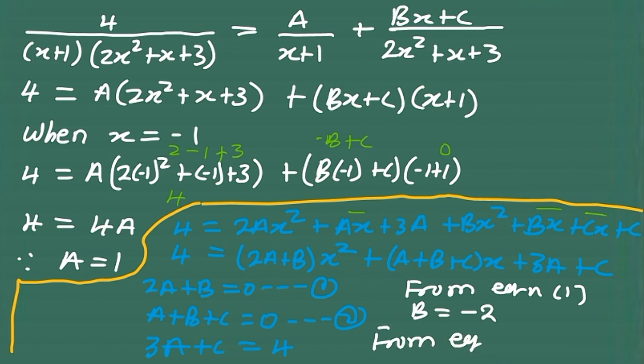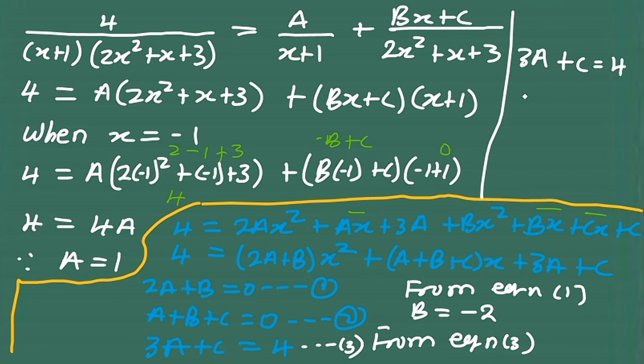This is equation 3: 3a plus c is equal to 4. So c will be equal to 4 minus 3a, and the value of a is 1. So this will be 3, and so c is equal to positive 1. Now from what we have found, a equals positive 1, b is equal to minus 2, and c is also equal to positive 1.